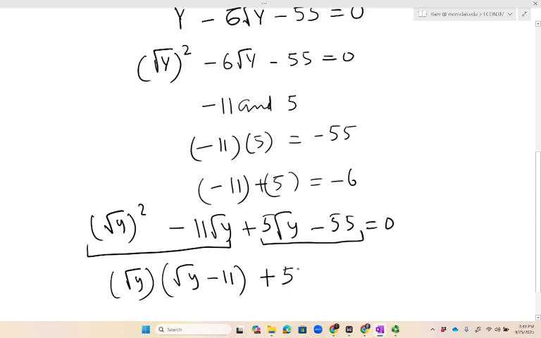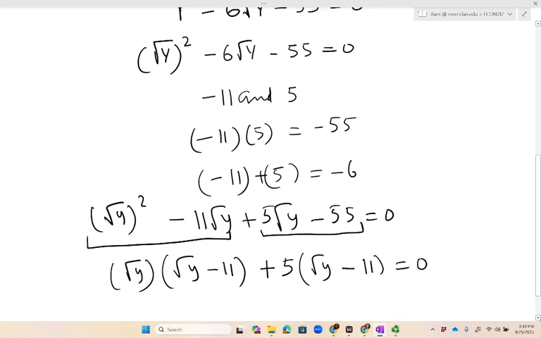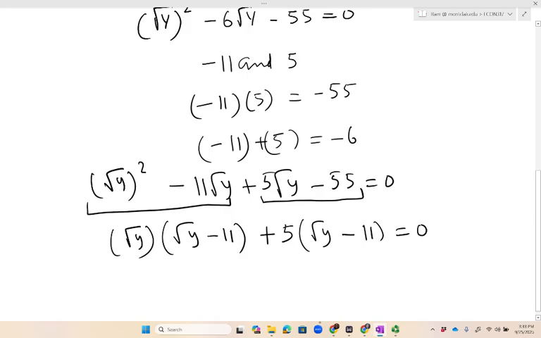I take it out. What remains from the third term, 5 square root of y, is root y, and from the last one, 55 divided by 5 is 11.